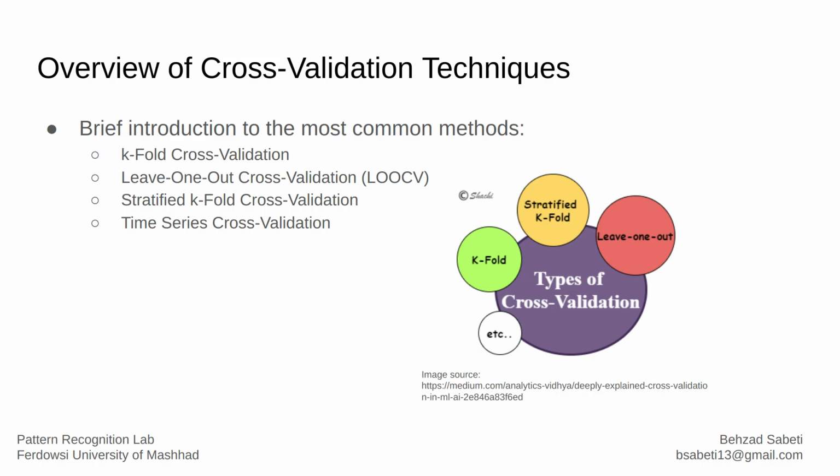Number three is stratified k-fold cross-validation, which preserves the class distribution in imbalanced datasets. And number four is time series cross-validation, which is designed for temporal data. Each method has its strengths and weaknesses, and we'll explore them in detail.